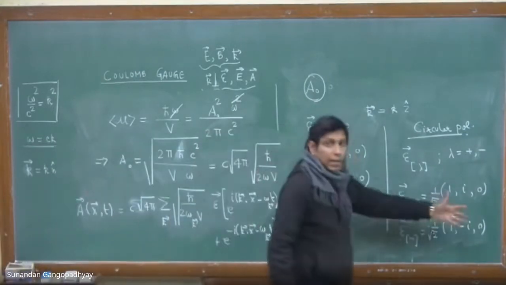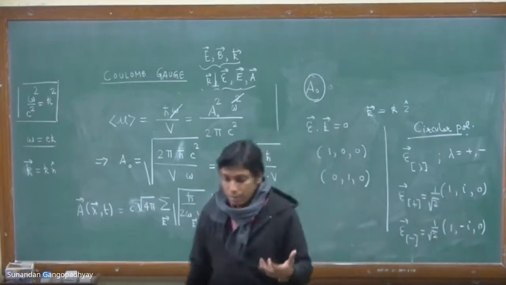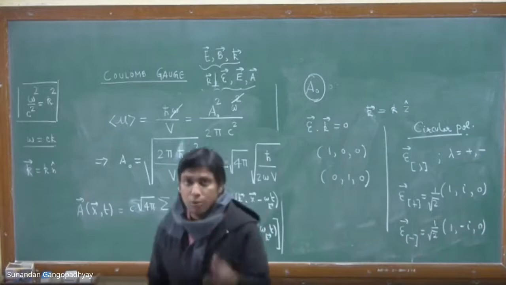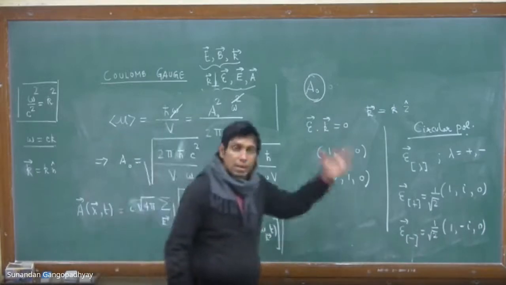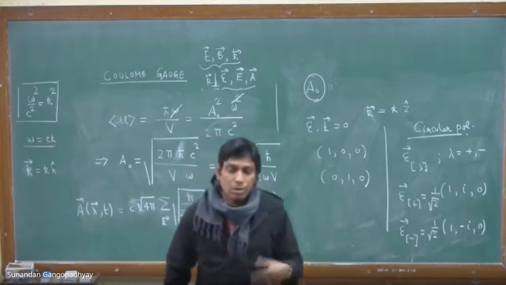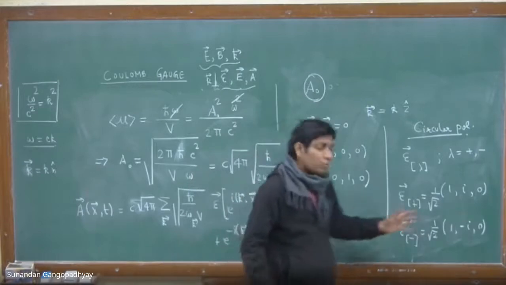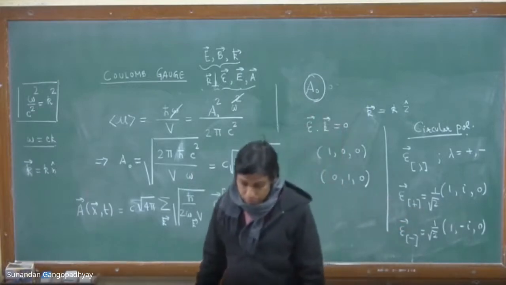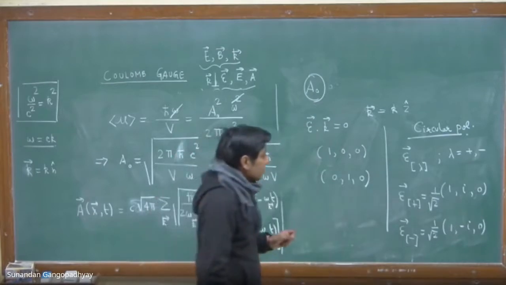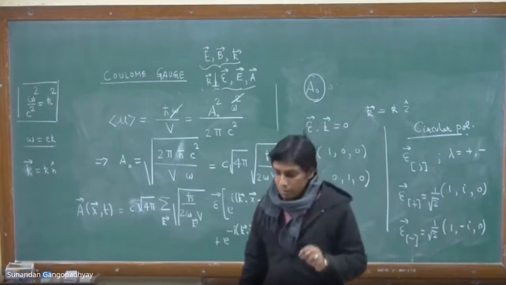In quantum mechanical language, you know that light has a dual nature. It is both a wave as well as a particle. We will see how the particle picture emerges once you quantize the electromagnetic field. But let us assume that you know it has a particle picture, and that a photon has an intrinsic spin of 1.